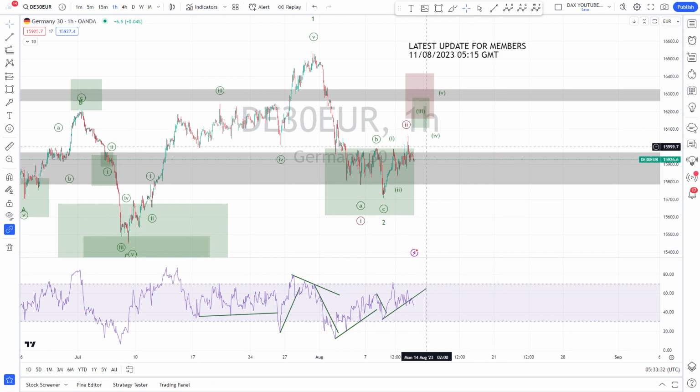So if we would go into this area, I would consider to go short again here. Then this is your invalidation level. So then risk reward seems quite okay.